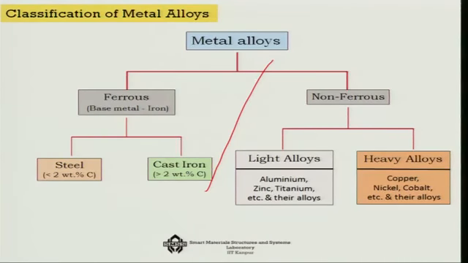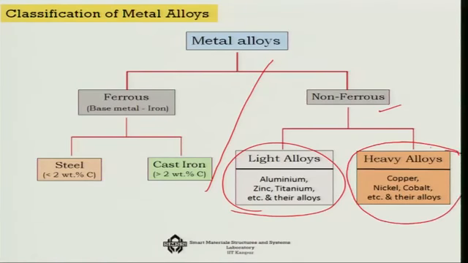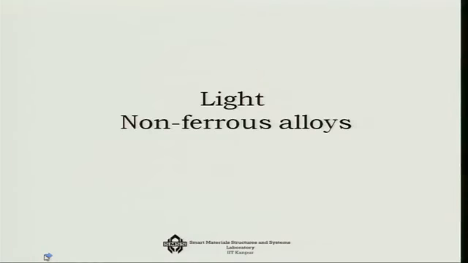In today's lecture, we are going to talk about non-ferrous alloys, including light alloys from aluminum, zinc, titanium and their alloys, and also heavier alloys, for example alloys of copper, nickel, cobalt, etc. So, a light group and a heavy group. Let us first start with the light group, then we will go to the heavy group.